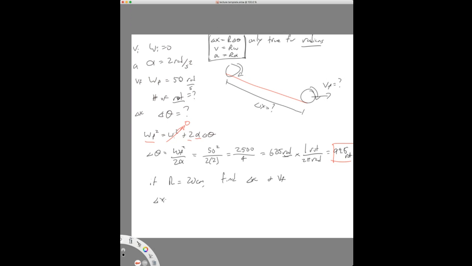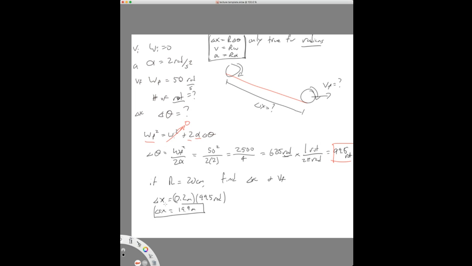Delta x, so that's how far did it go when it was rolling, would be equal to 0.2 meters times 99.5 radians. Now, units kind of look funny because it looks like we're going to get meter radians. So this gives me 19.9 meter radians, it looks like.